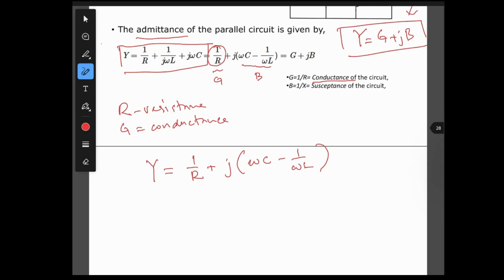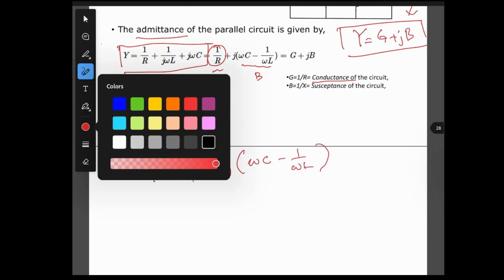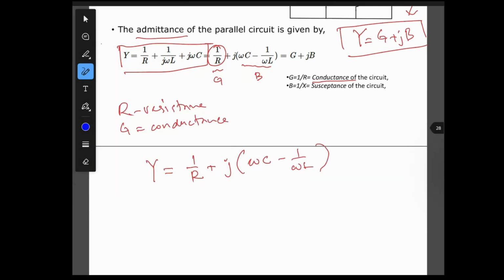This is a complex number. For example, let's say A equals B plus jC.